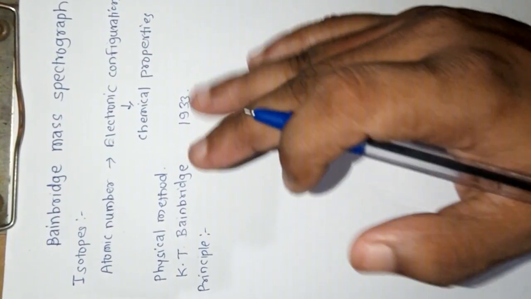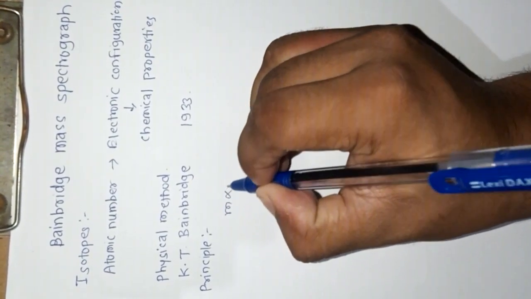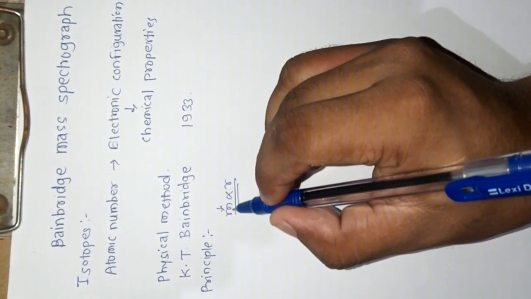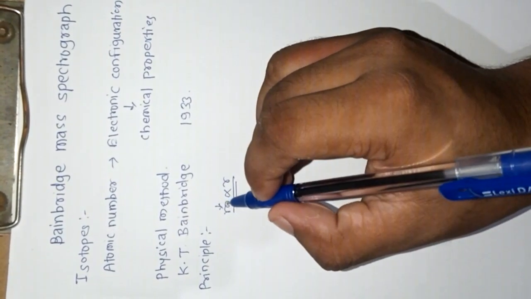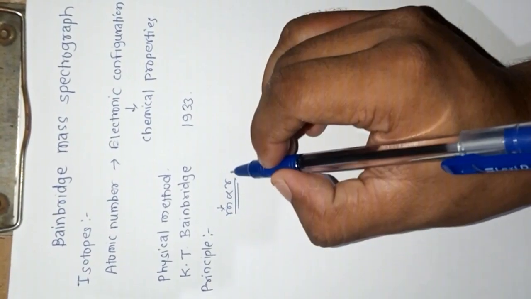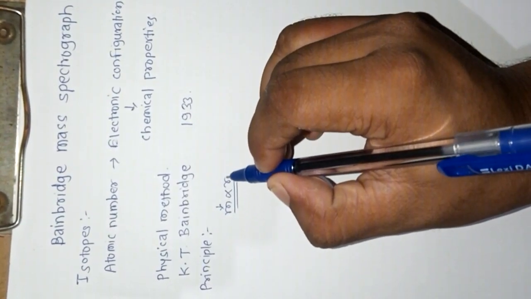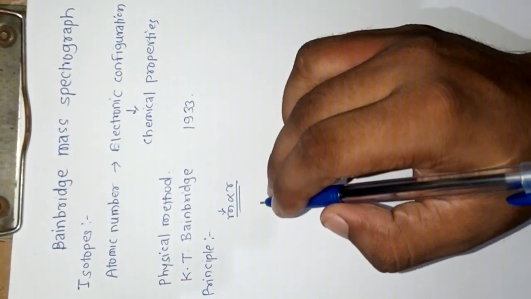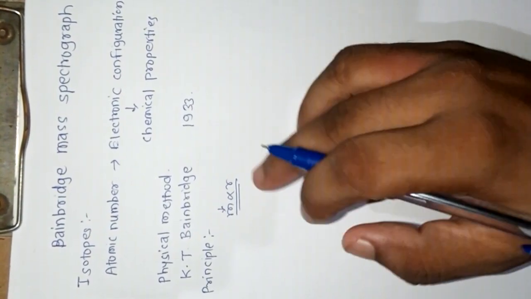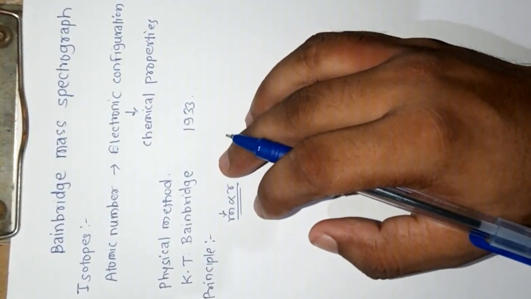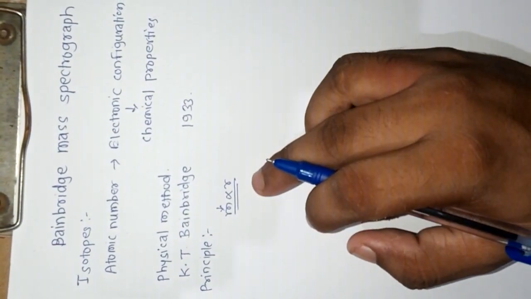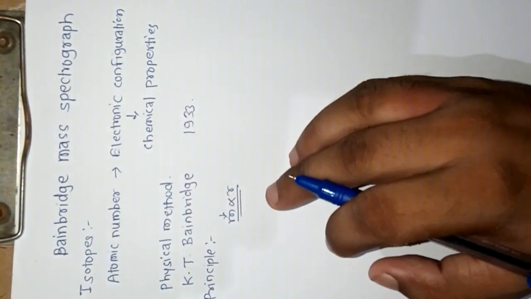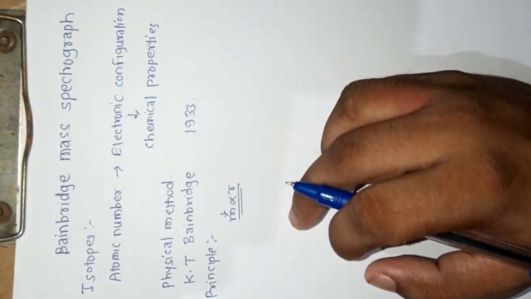So using the relation m is directly proportional to r, where m is the mass of the isotope or ion, and r is the radius of the circular or semicircular path followed by these ions, one can find the isotopes present in a given beam. This is the principle behind the Bainbridge mass spectrograph.